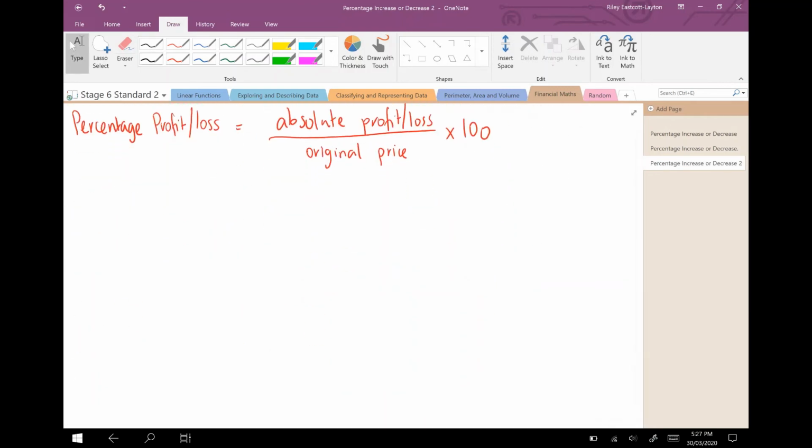So for our final worked example that we're going to do today, worked example 6. The question reads like this.